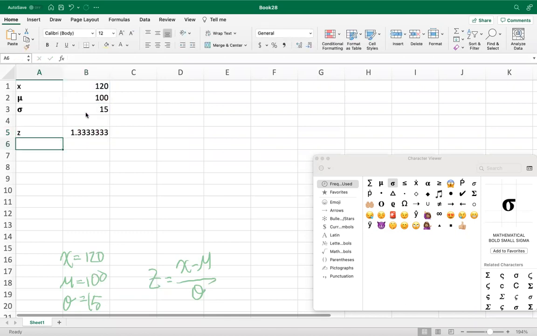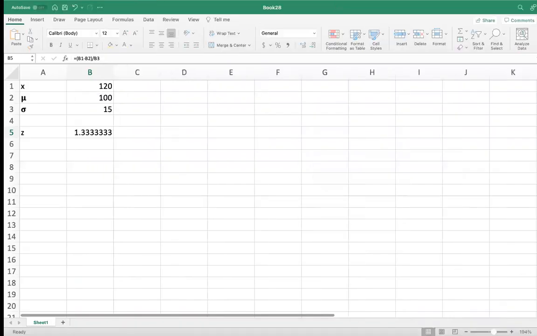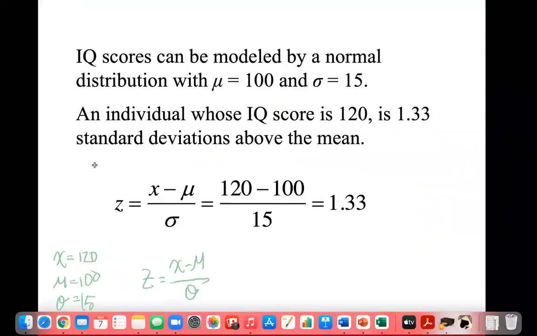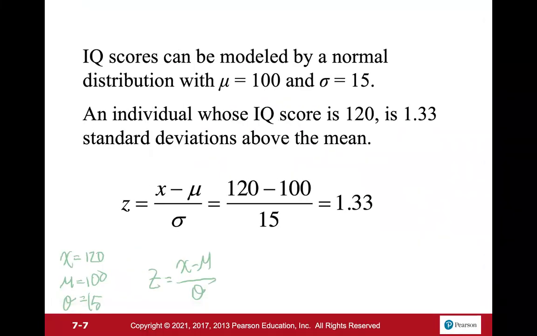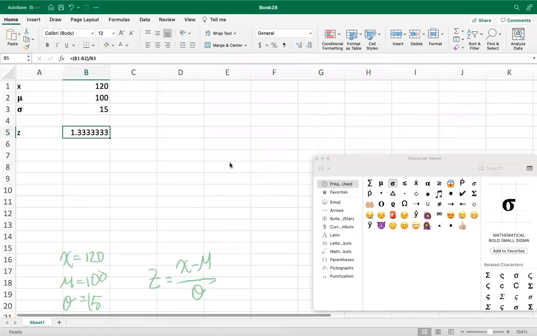And there we go. That's how they got that 1.33. We got a little bit more than they did, and that's just because we're using Excel. Now the next thing they did is they found that on the standard normal curve. The way we could find that in Excel, remember this is a normal distribution.